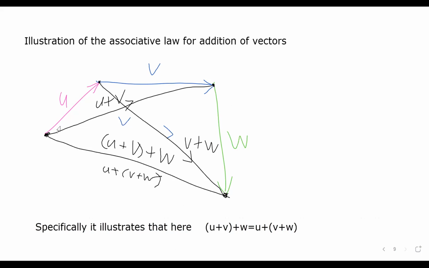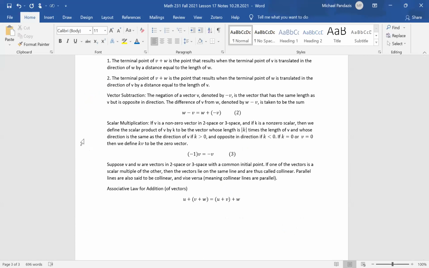Okay, so then that explains that. Okay, so if a vector in n space is positioned with its initial point at the origin of a rectangular coordinate system, then the vector is completely determined by the coordinates of its terminal point.